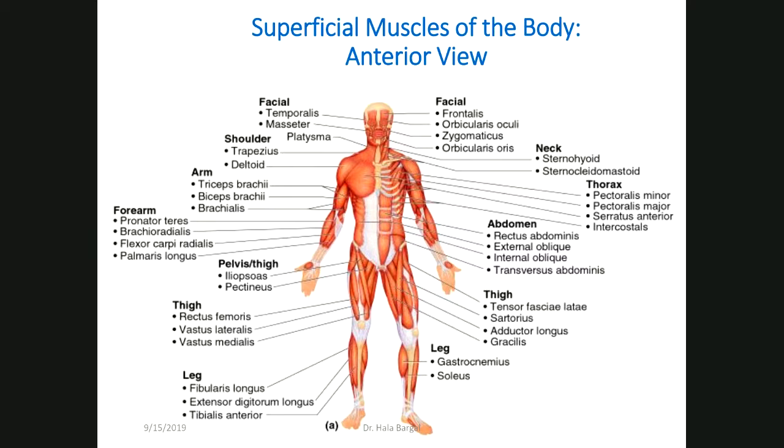For example, frontalis. The frontalis is named after its location. Orbicularis oculi. This muscle is named according to its shape, the circular muscle around the eye. Zygomaticus. We have zygomaticus major and zygomaticus minor. These zygomaticus muscles originate from the zygomatic arch and insert in the angle of the mouth.